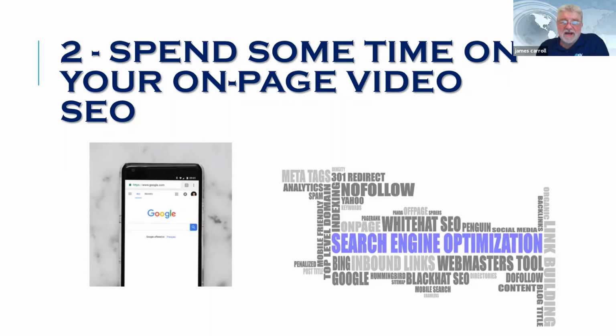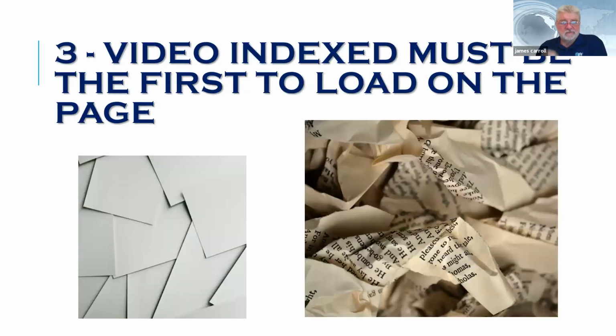So we want to use them with a script and with a kind of jiggly format, if you can get away with it. And in your script, you still need to embed those keywords. You have to do on-page SEO anyway. You might as well do it with on-page keywords.